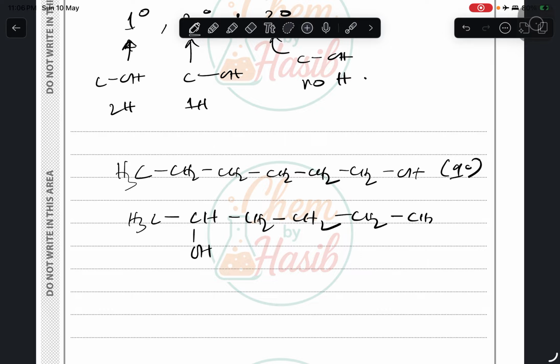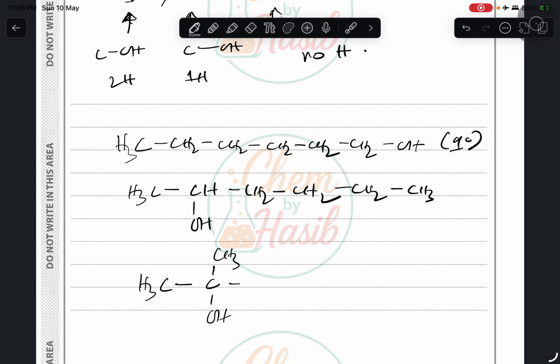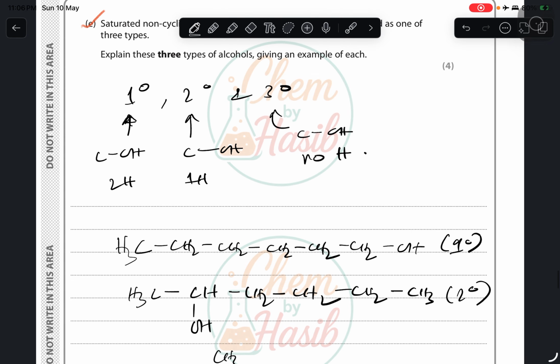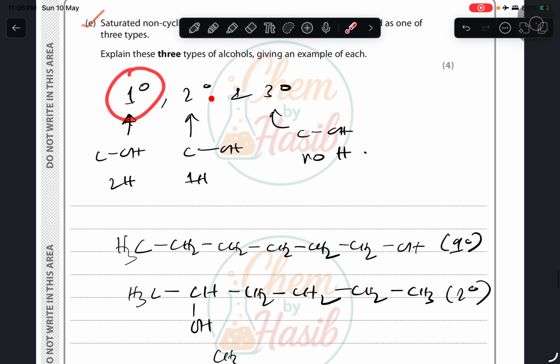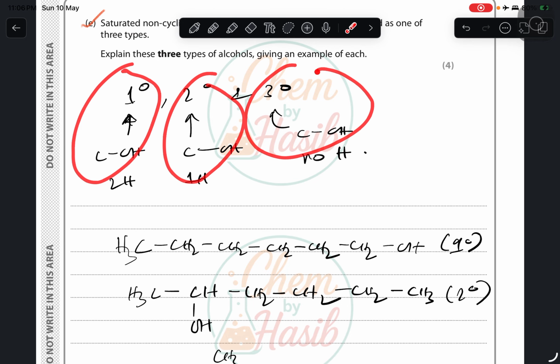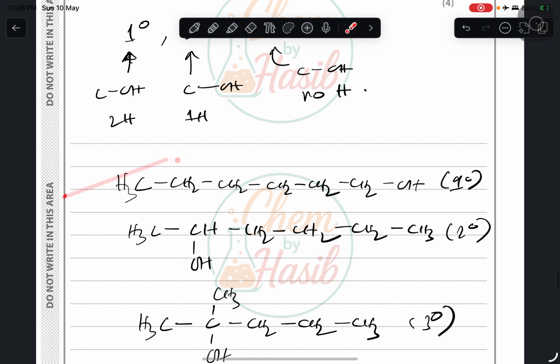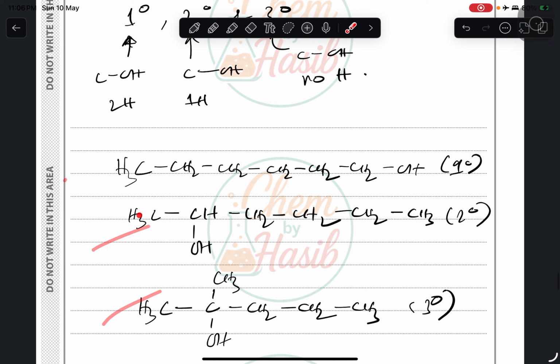And then you draw a 3 degree one, where the carbon bearing OH does not have any hydrogen. So that's 3 degree. Your answer should include the explanation of how to classify which is 1 degree, which is 2 degree, and which is 3 degree. And then you give examples from organic compounds having 6 carbon atoms: one of them 1 degree, another 2 degree, another 3 degree.